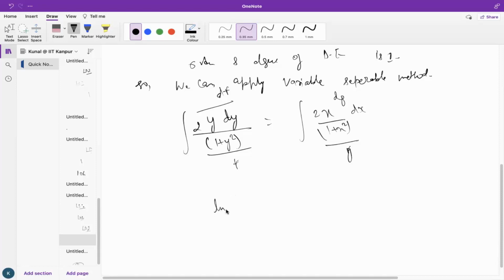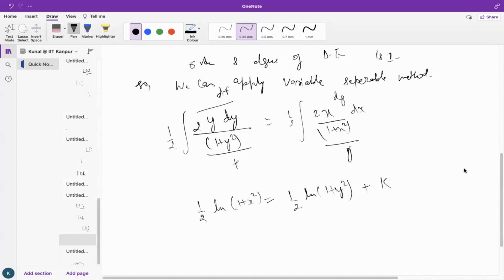So we get ln(1 plus x square), but we have to do half also on both sides, and we can remove it as well, nothing to worry about. So we'll get 1 by 2 ln(1 plus x square) equal to half ln(1 plus y square) plus some constant k.